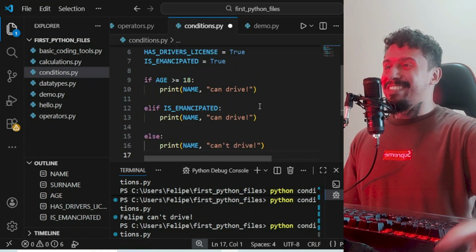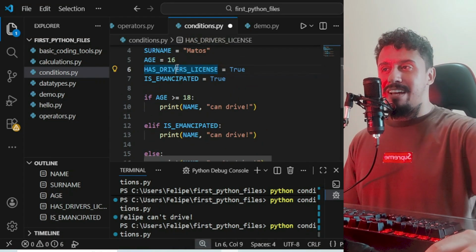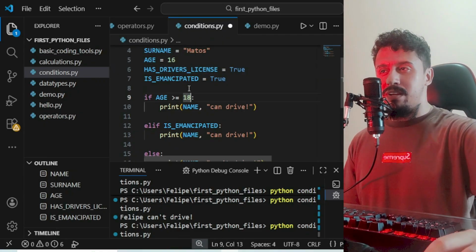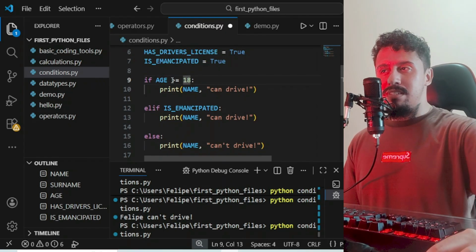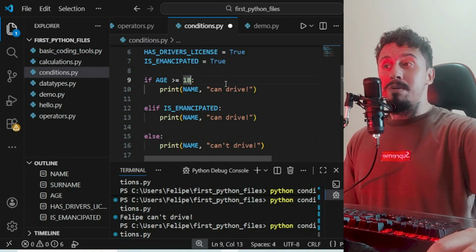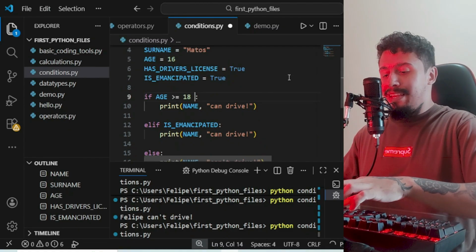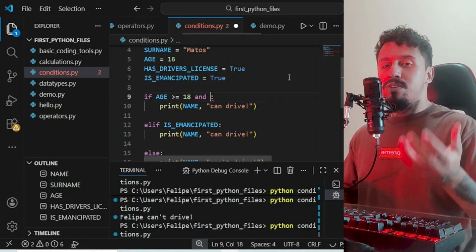So we have here that this data has driver's license, true, but we are not using this data in these comparisons, right? So we must use, and in this case we can use, the AND logical operator.